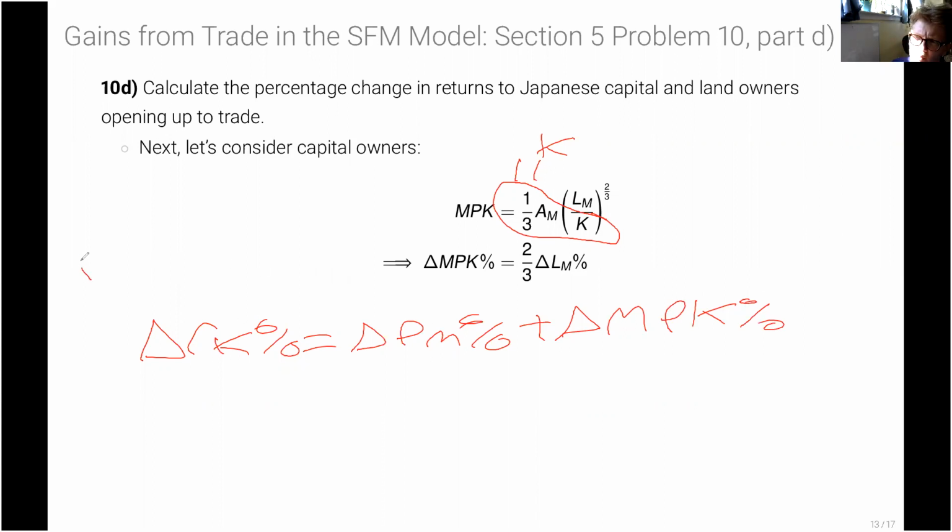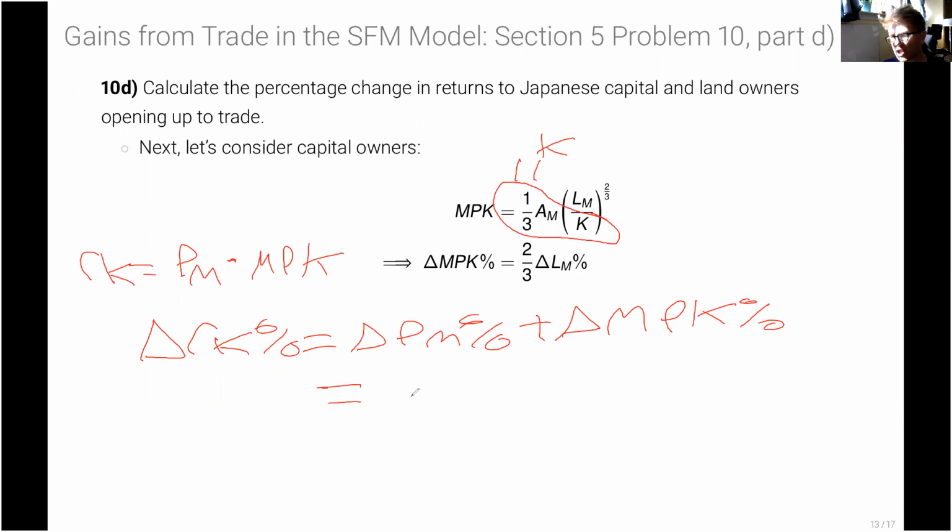Where is that coming from? Well, that comes from the fact that all factors must get paid their marginal revenue product. The marginal revenue product is the marginal product of capital times the price of the output in the sector in which capital is used, which is manufacturing.